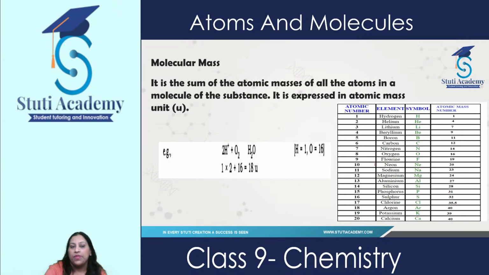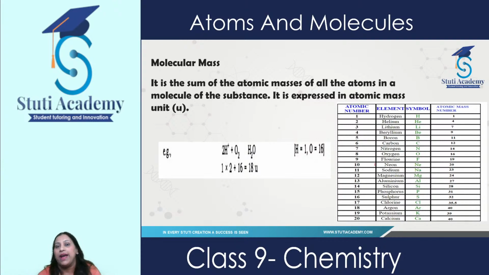Then next is molecular mass. What is molecular mass? The molecular mass is the mass of the molecules contained in a compound. Like atomic mass, which we have done. Atomic mass is the mass of atoms present in an element. But when we are talking about compounds, compounds are formed by molecules. So the mass of the molecules present in a compound is known as its molecular mass.